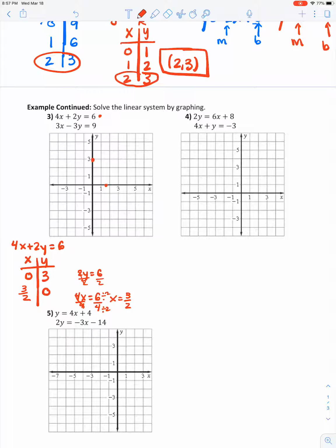So I'm going to notice that this is going down 1, 2, 3, and over 1.5. If I wanted to follow that through, I would go down 1, 2, 3, and over 1.5. That would put me about right here.